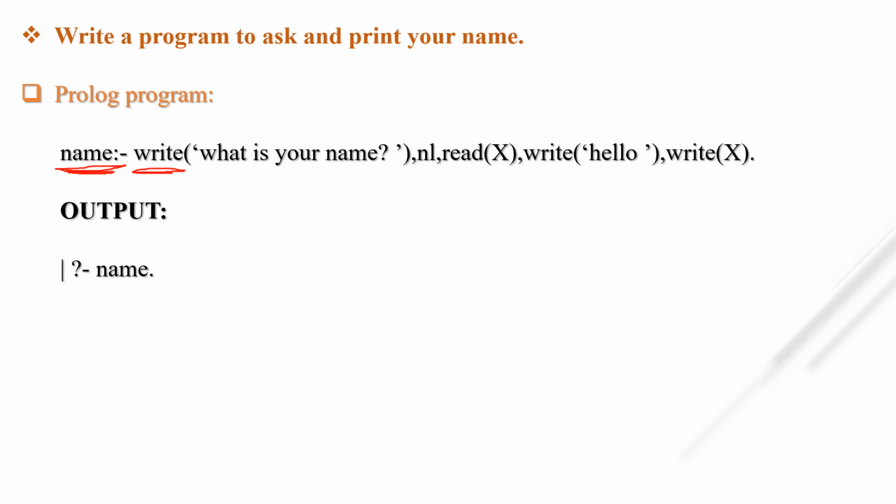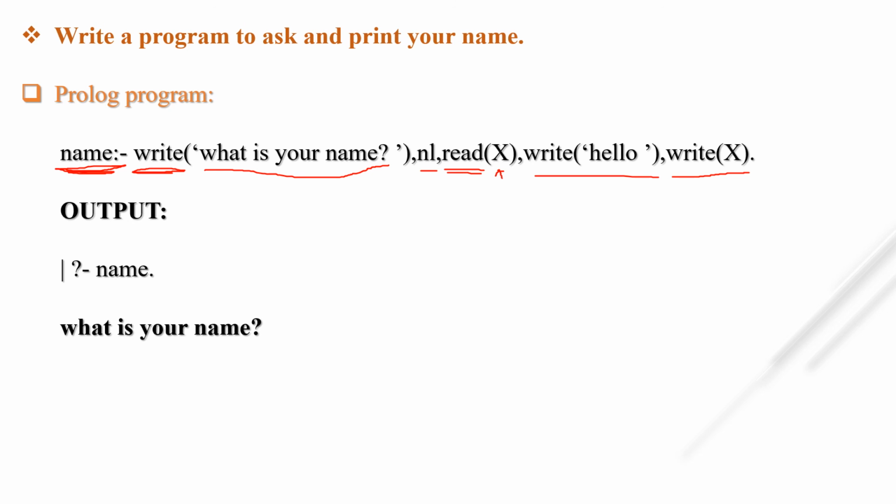Write in single quotes, what is your name. This nl indicates new line and read scans the string from your keyboard, just like scanf in C. So I read from the keyboard and it is stored in variable X. Then I write hello, and whatever we stored in X will be printed next.